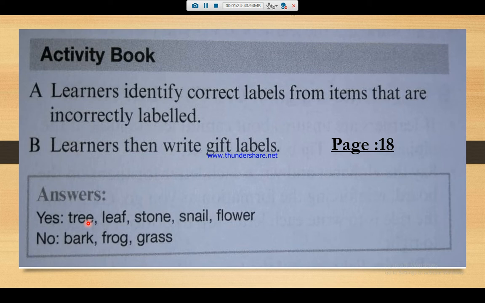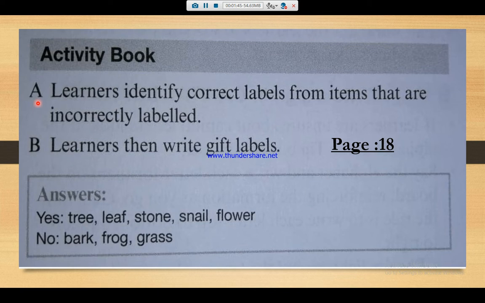Okay, now let's turn over the page and open page 18. When we open page 18, we will find here writing labels. So exercise letter A, as you can see here, I put some guidance for you.